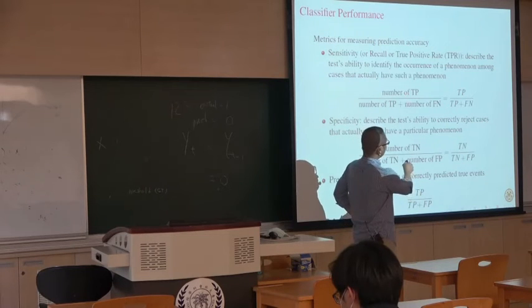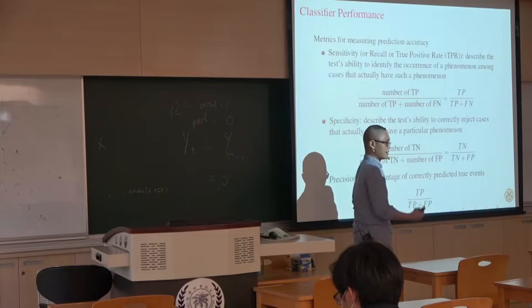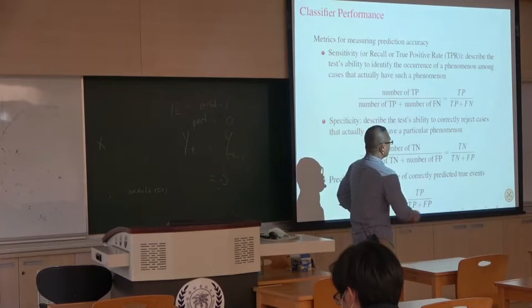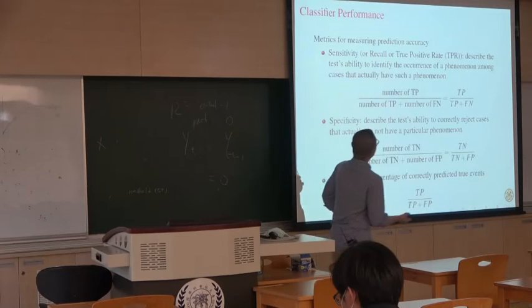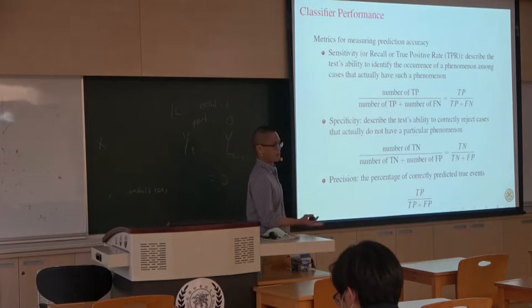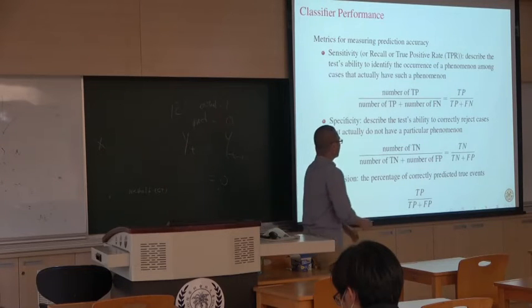We want to maximize the total number of true positive cases that we predict, but also minimize the number of false negatives in the predictions that we make. So the higher the score, the more accurate our model.